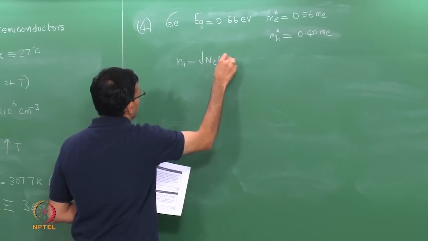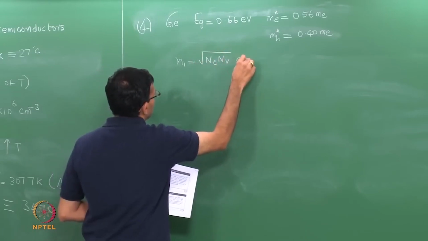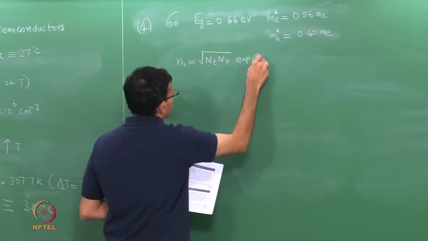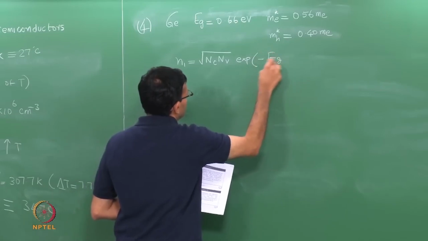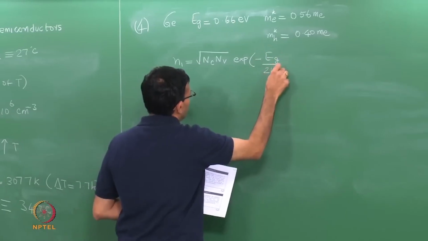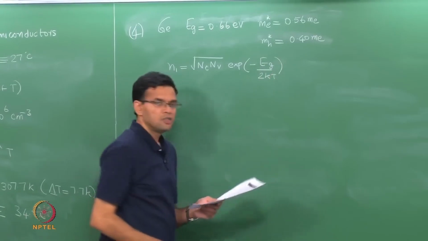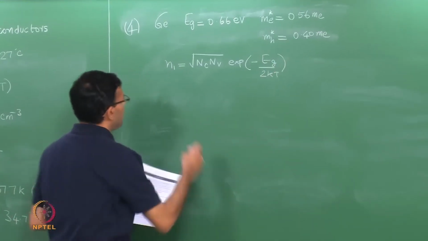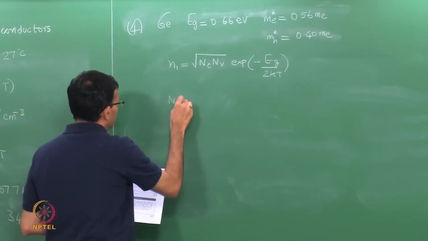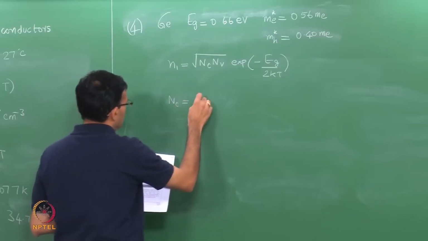Ni is Nc Nv exponential minus Eg over 2 kT. So, Nc and Nv are again related to Me star and Mh star.